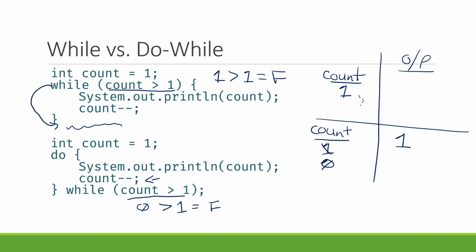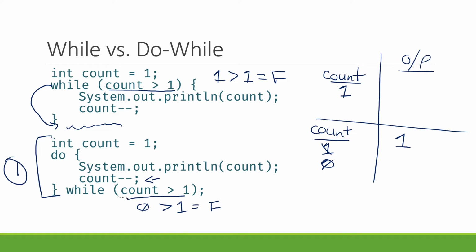So with the first example, we got no output, and with the second example, we did get 1 output. This demonstrates the main logical difference. Obviously, syntactically, there's a lot of differences, but the main logical difference between the while loop and the do while loop, and this would be true of any top checking or pre-test loop and any bottom checking or post-test loop, is that your bottom checking loop is always guaranteed to execute at least once.